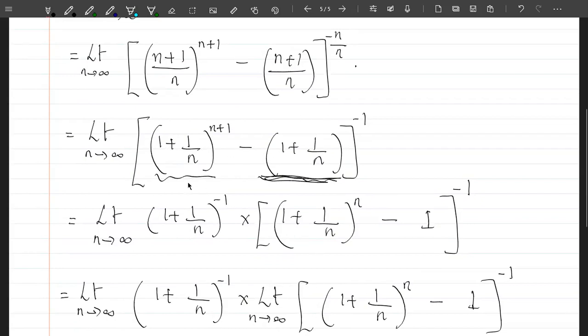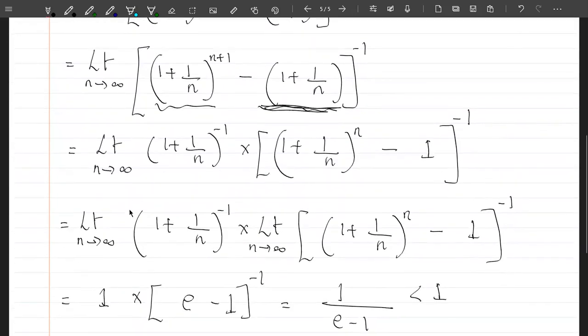So I get (1 plus 1 by n) power, please note, in this one term has been taken out, so n will remain, minus this term has been taken out, so I get 1 with the power of minus 1. So please note this step. Here what I have done is, out of these two terms, I have taken 1 plus 1 by n out. But while taking that term out, please consider the power, which is minus 1. So this term comes out with the power minus 1. And inside the parenthesis, the remaining terms will be this term with power n, and here I get 1 with the power minus 1.